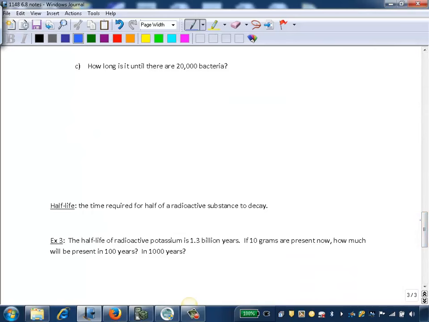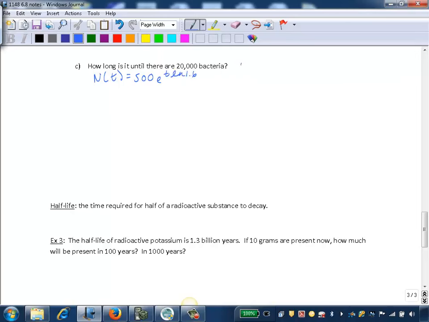Now part C, they want to know how long is it until there are 20,000 bacteria. So we have our function from the previous page, so we have our n of t equal to 500 times e to the t natural log 1.6.